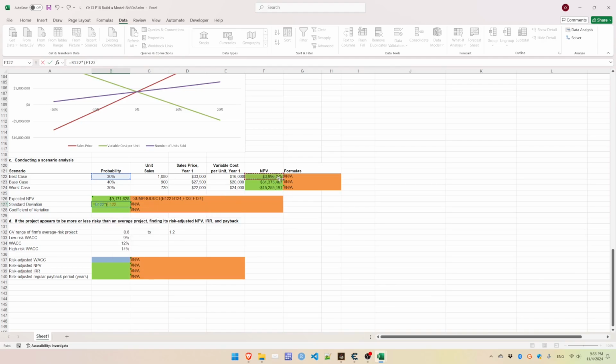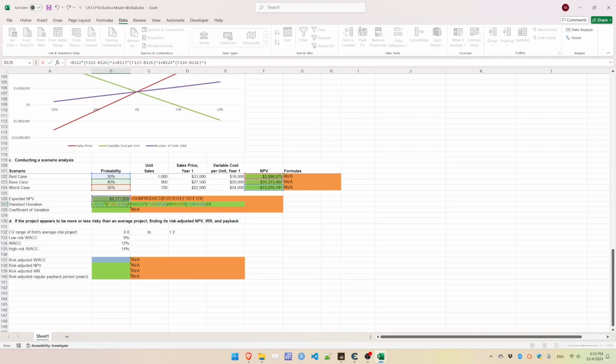For example, this NPV minus the mean, squared, plus the second probability multiplied with this NPV minus the mean, squared, plus the probability multiplied with this NPV minus the mean, squared.